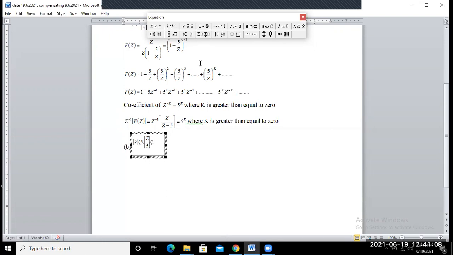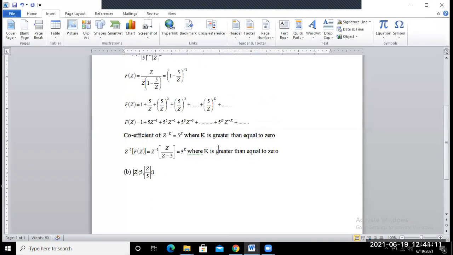Now F(z), try to write in the form of 1 minus r, where r is z by 5. So F(z) can be expressed in this form.